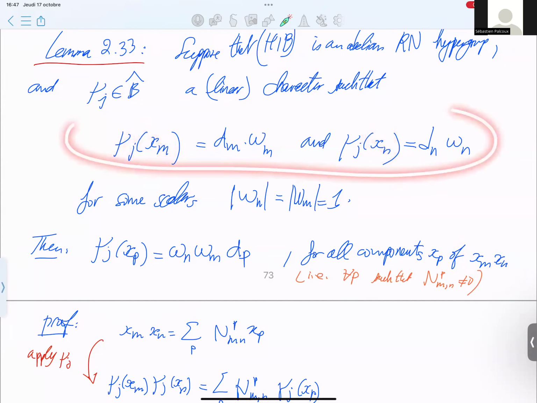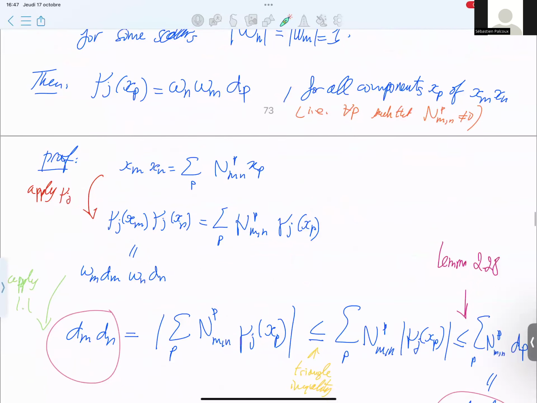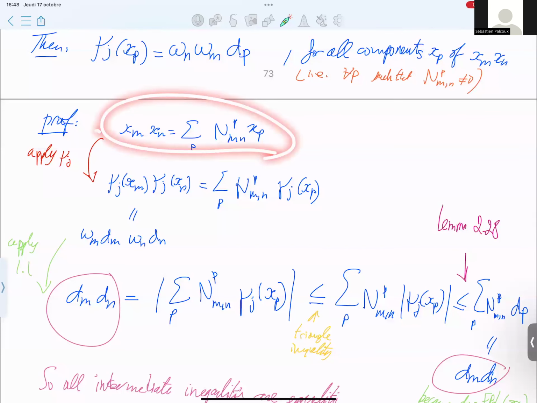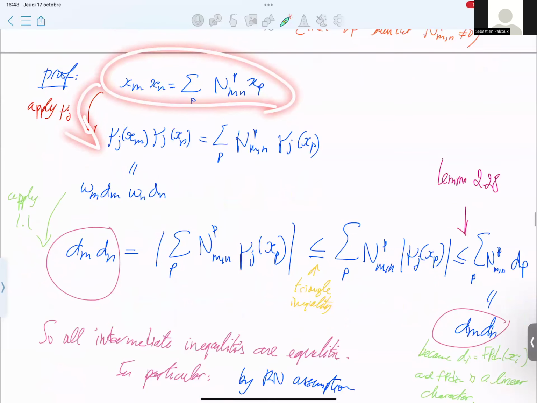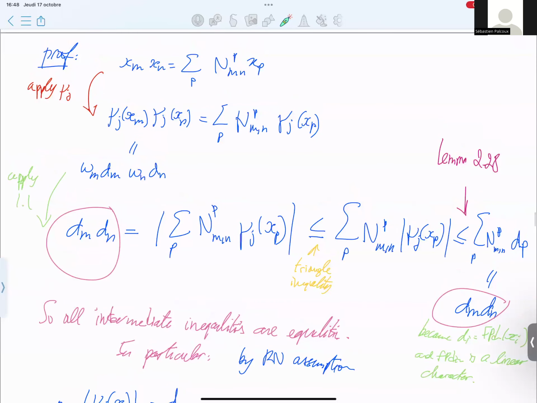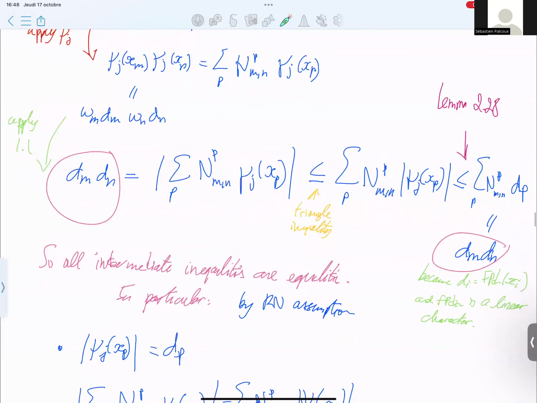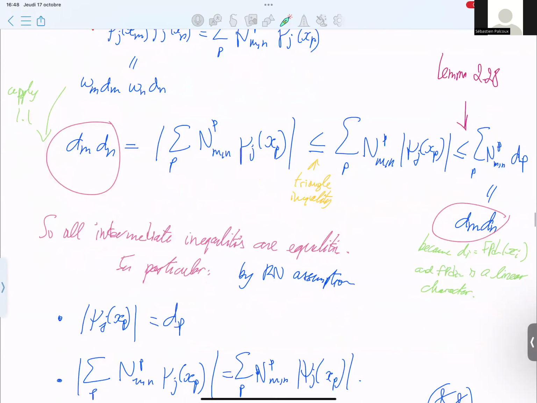If this is true, then for any component here, the component meaning something with non-zero coefficient, you also have the same result. So you decompose, you apply this linear character, and the result follows by some positivity. Here you apply a trick which will be applied many, many times in the course.